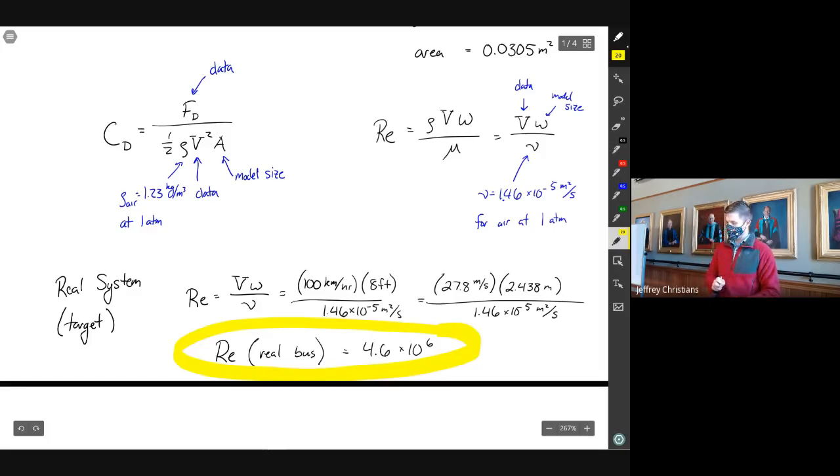Okay. That's our target. We want to get to that Reynolds number in our model system, and then we can say the drag coefficients are going to be exactly a match and we're all happy. Our experiment worked. Our experiment directly was modeling what's happening in the real system, and we can directly make the connection. So let's see if we can do that.